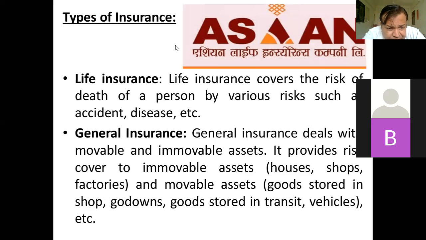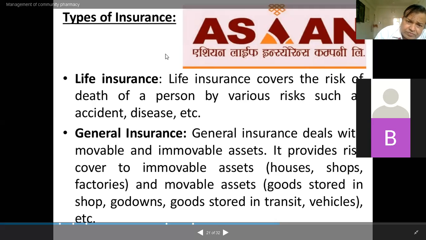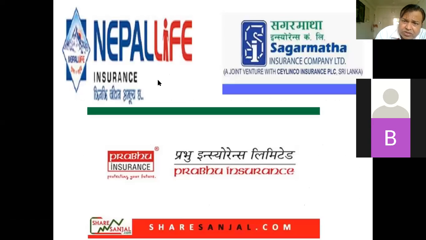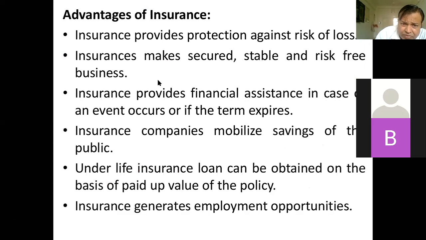It provides risk cover to immovable assets like houses, shops, factories, etc., and movable assets like goods stored in a shop, godowns, goods in transit or vehicles, etc. Some examples of insurance companies are symbolic.